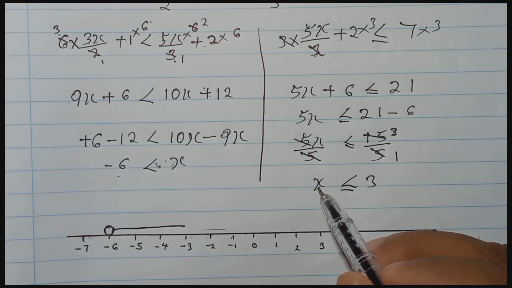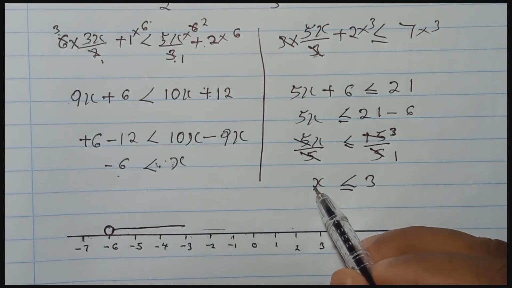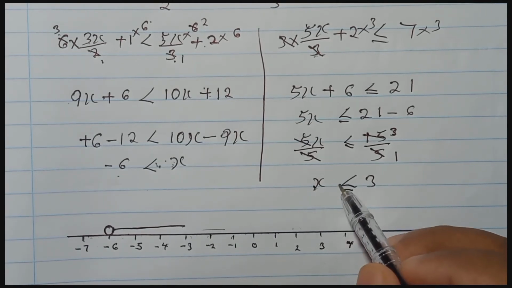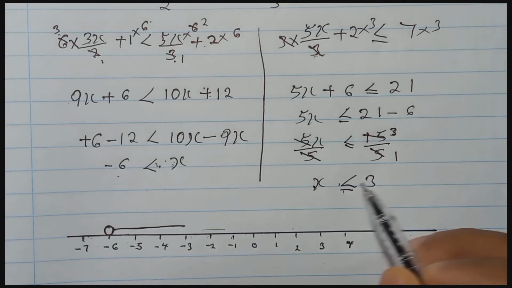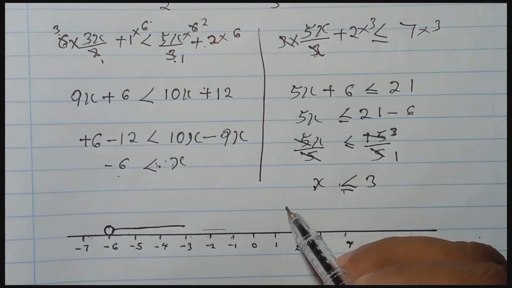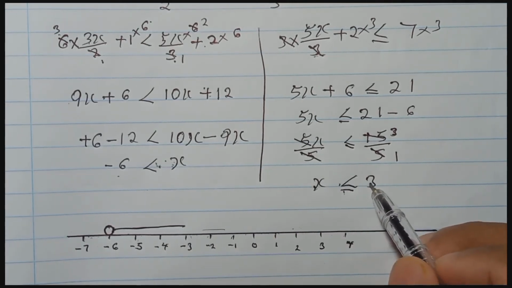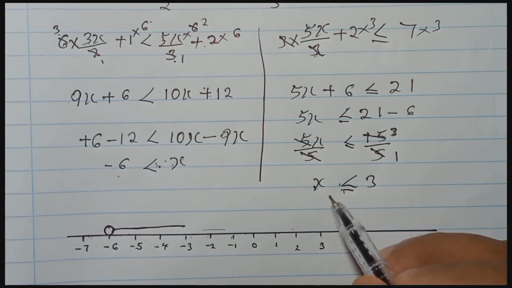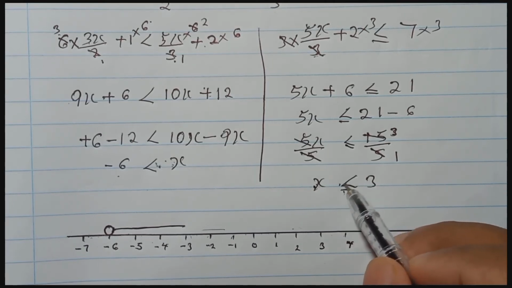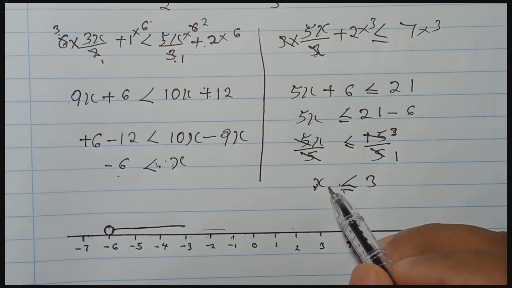Now here it says x must be less than or equal to 3. That means your line must be less than 3, because here also the less side is close to x.